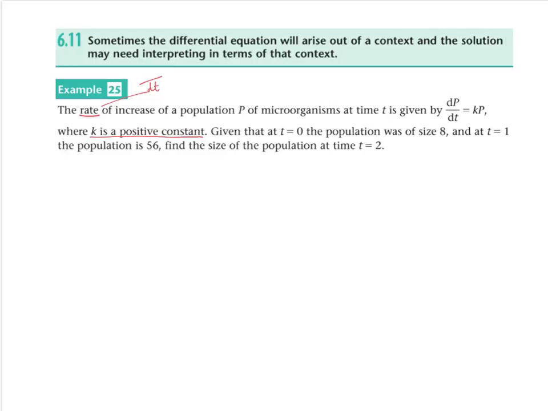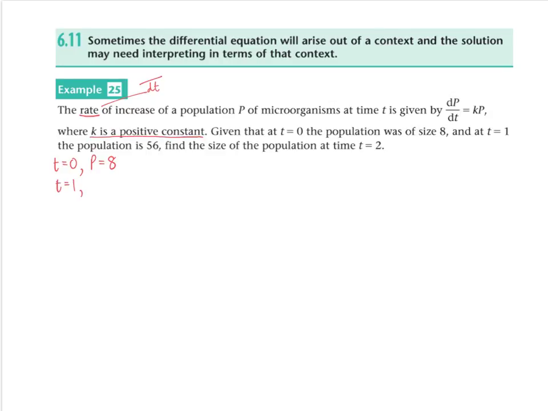The population was of size 8, so p was equal to 8. So from that situation there, t is equal to 0 and p is equal to 8. I can write down those two things. So that's like boundary conditions that will allow me to find out my constant. And at t equals 1, the population is 56.